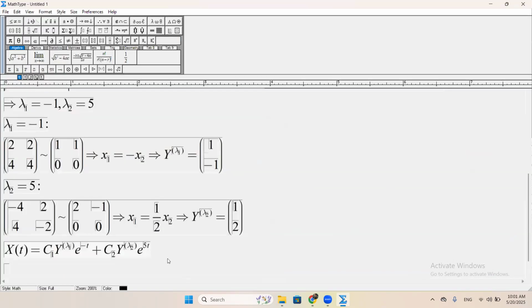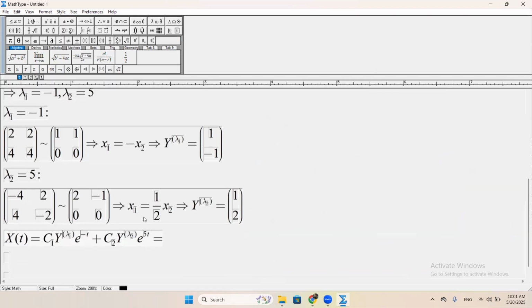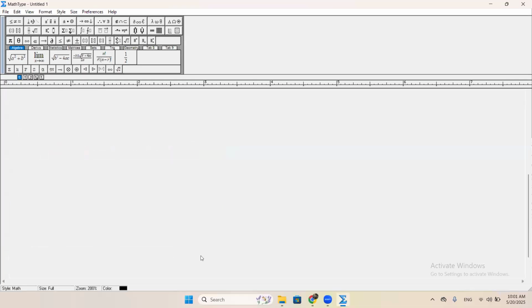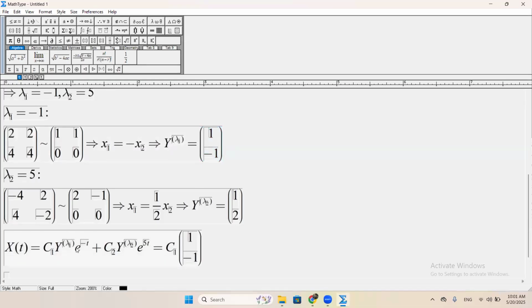So now let us expand it. It is written in vector form, and let us write it in a more detailed view. So C1 and here 1, minus 1, e in power of minus t, plus C2, and I will substitute this vector.